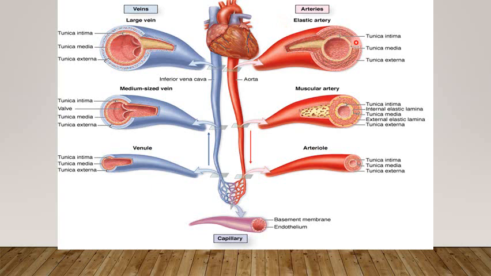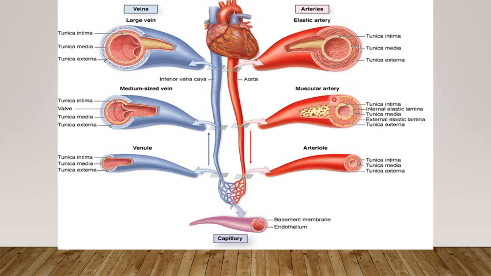In the structural classification, there is the large sized or elastic artery, where the muscular component in the tunica media is more in amount, and it also has elastic tissue, because these are closer to the heart and withstand higher blood pressures. Then down, the distributing arteries are the muscular arteries.